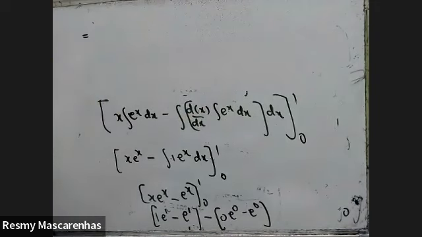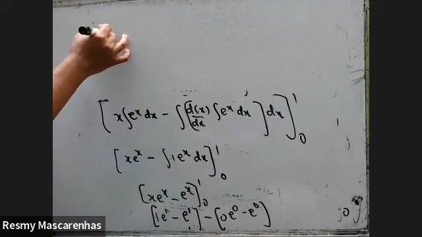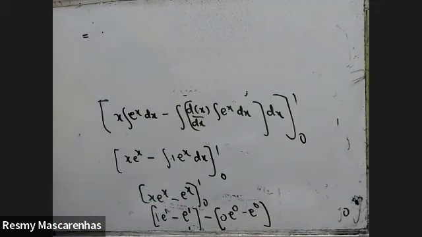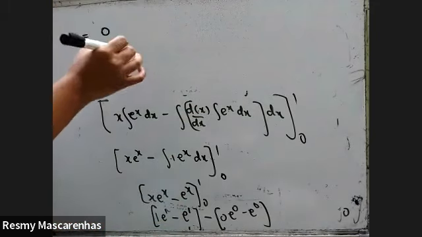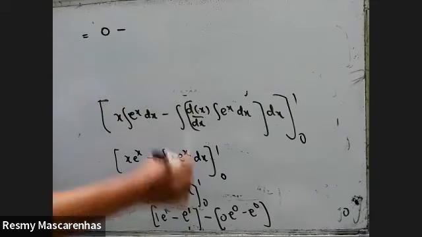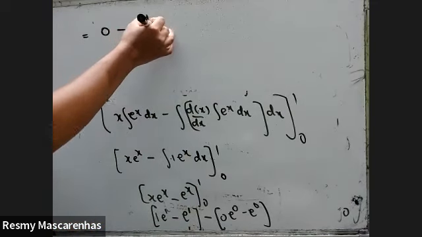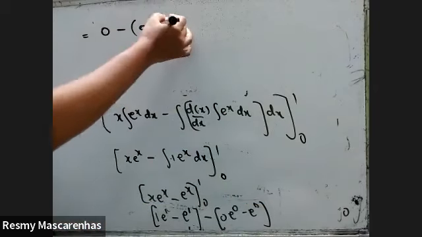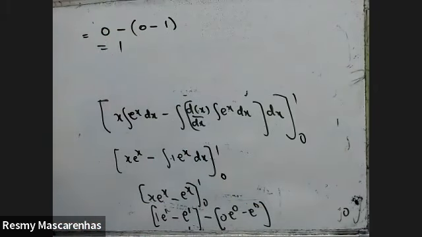So e raised to 1 is e. So that will turn out to be 0. Same thing it is, no? And minus, this is also 0. E raised to 0 is 1. So 1 will be the answer. So minus into minus will give me plus.